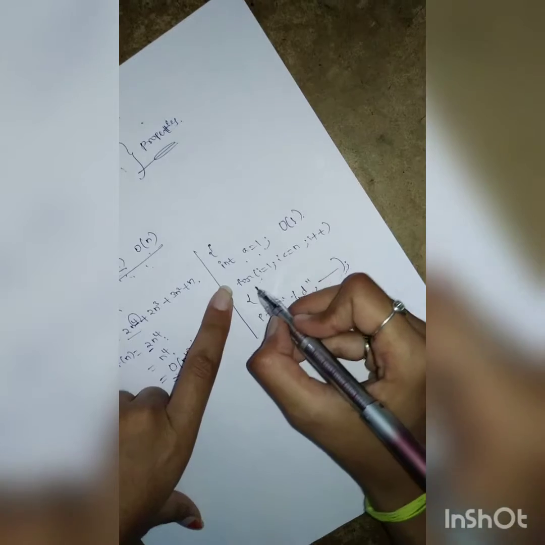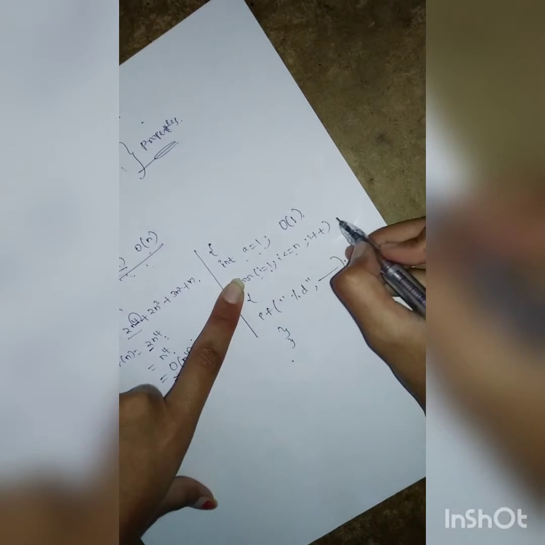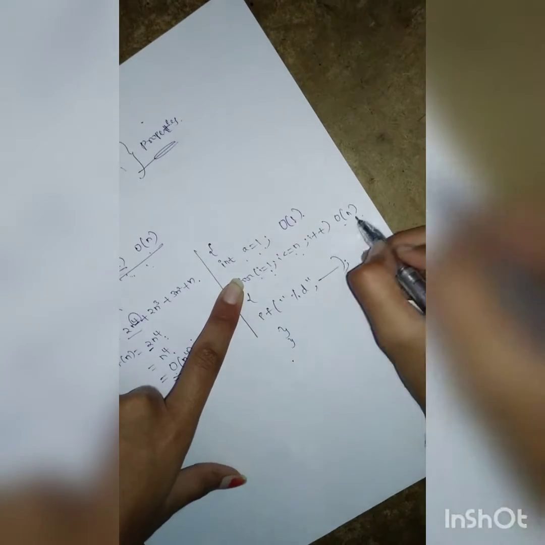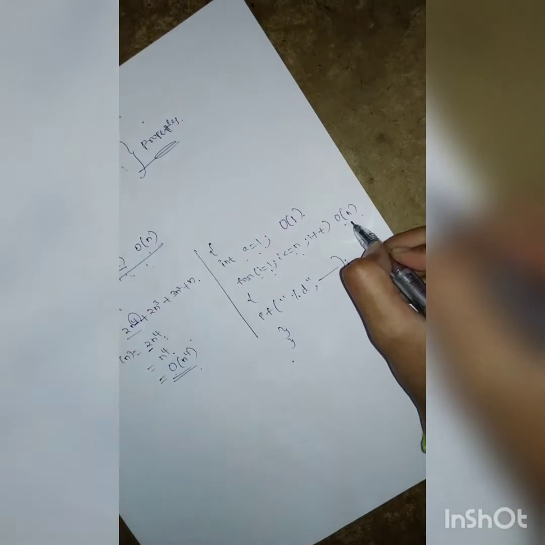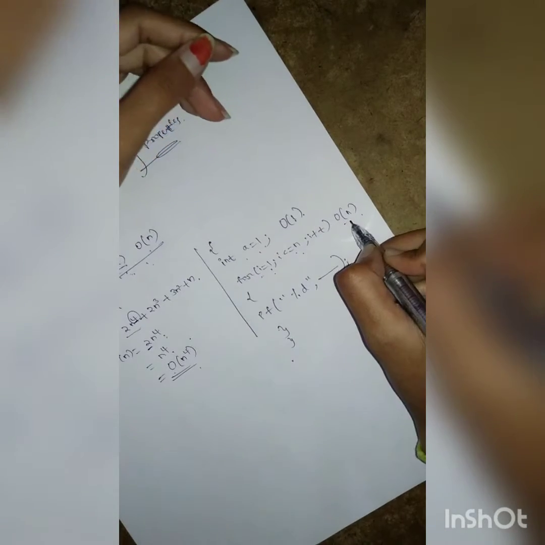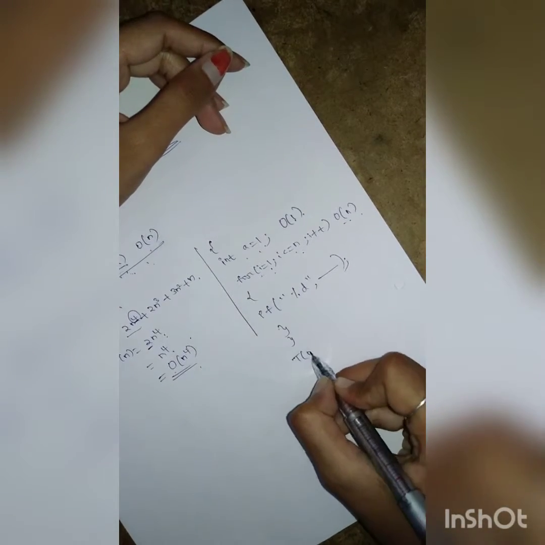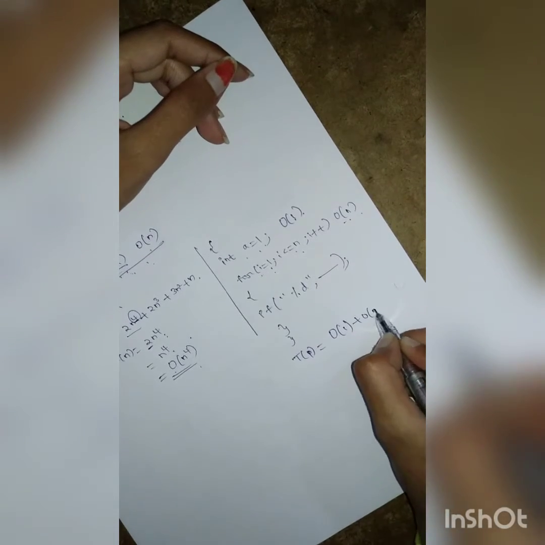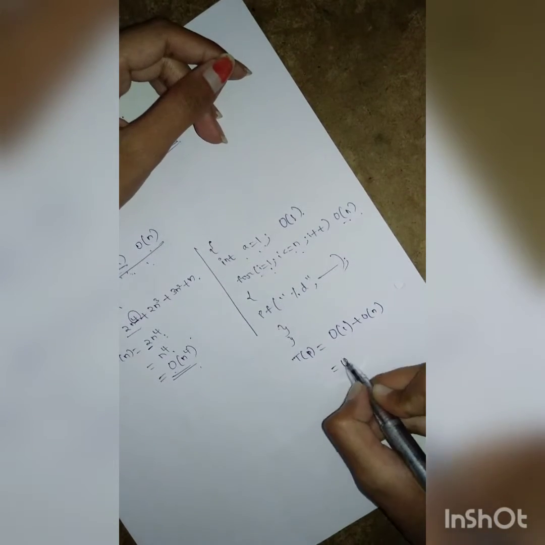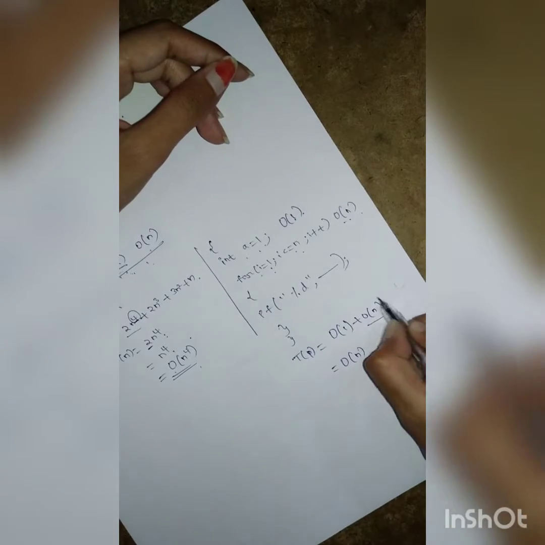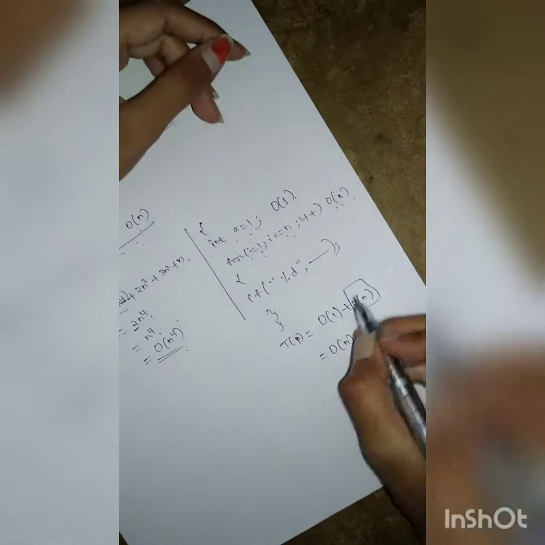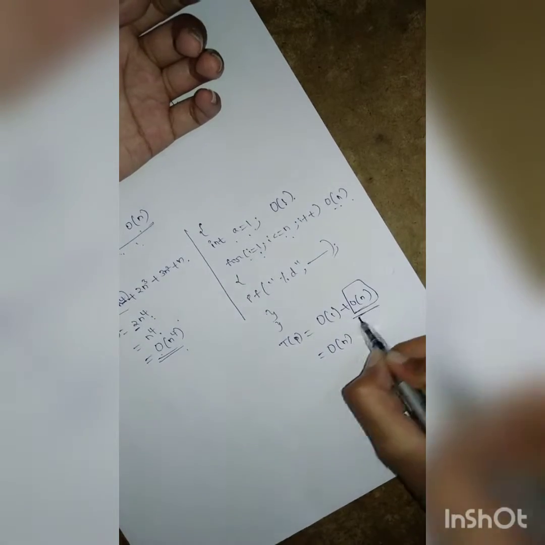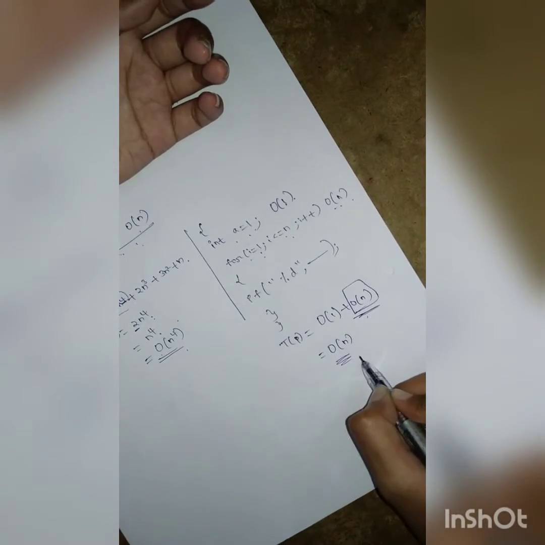For executing i equal to 1 to n, it will take big O of n time; for n elements, it will take n time. So the total time complexity is big O of 1 plus big O of n. But finally we take big O of n as this is the larger one. So the time to run the complete program is based on the highest one, that is big O of n.